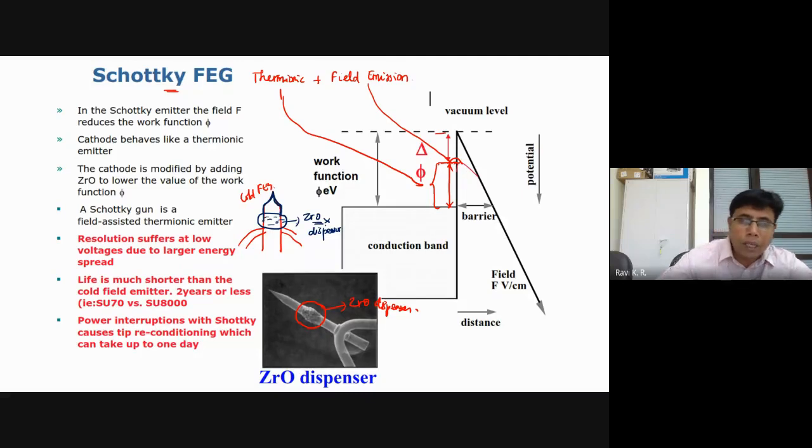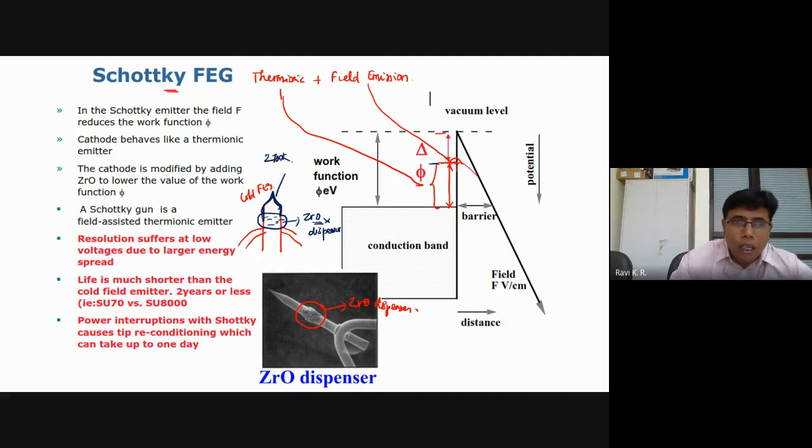It may not be exactly stoichiometric. You may have some oxygen diffusion, but generally when you heat it, it will take some amount of oxygen and form a layer over this. So now you apply a field. What you have done is heat this, and you are not heating to 2700.